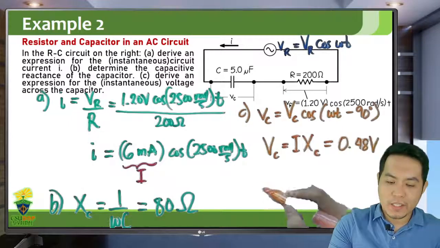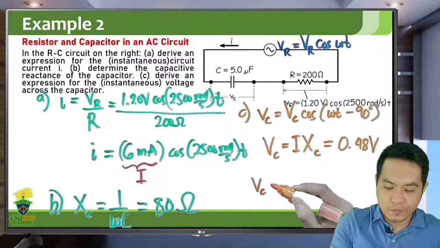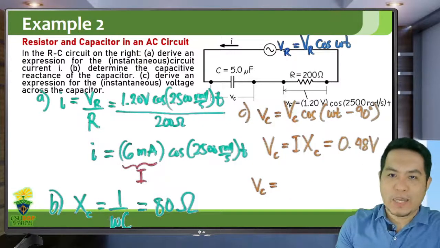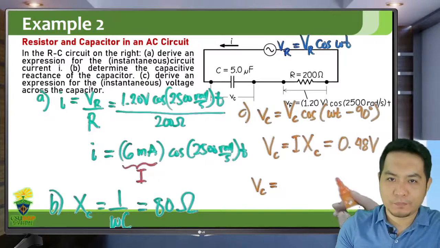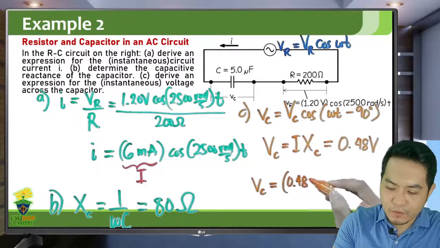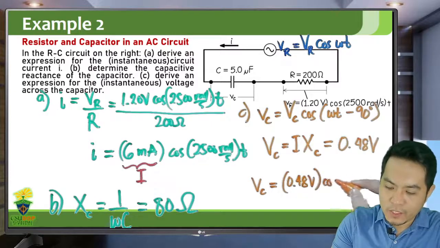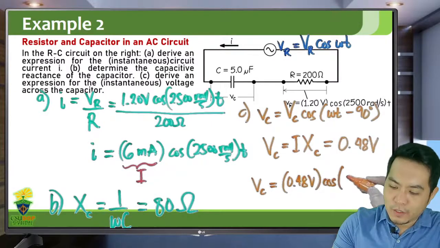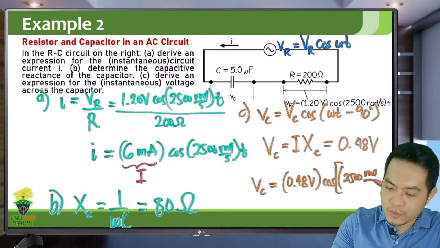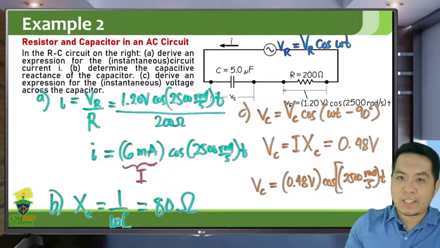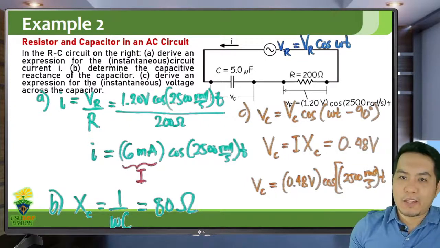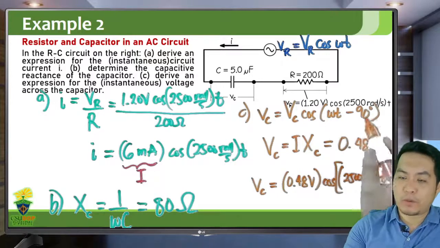So knowing this, we can now write an expression. Take note, this is an expression because this is time dependent. So we now have VC is 0.48 volts cosine 2500 radians per second T, and since we are writing our angle in terms of radians, we need to convert 90 degrees into radians.